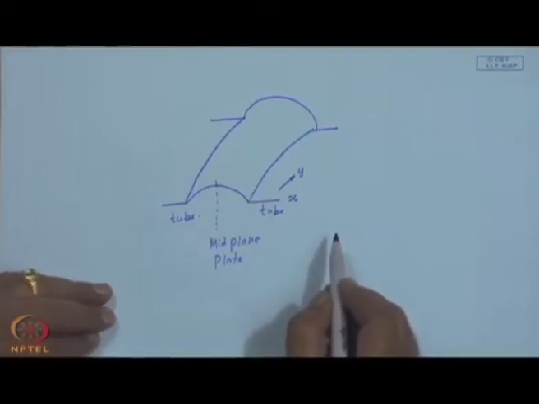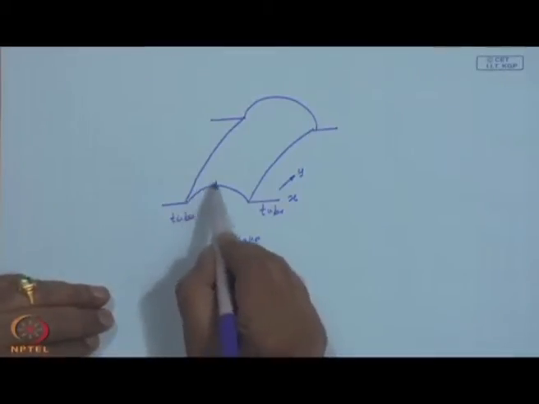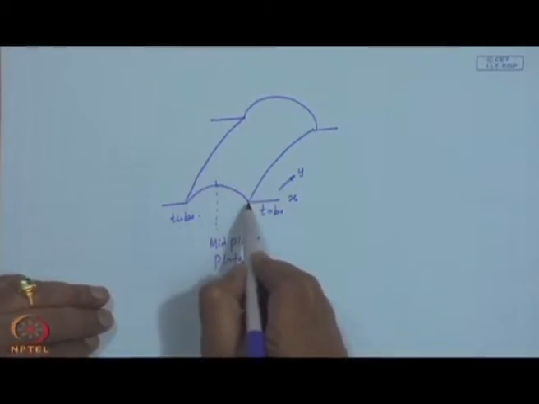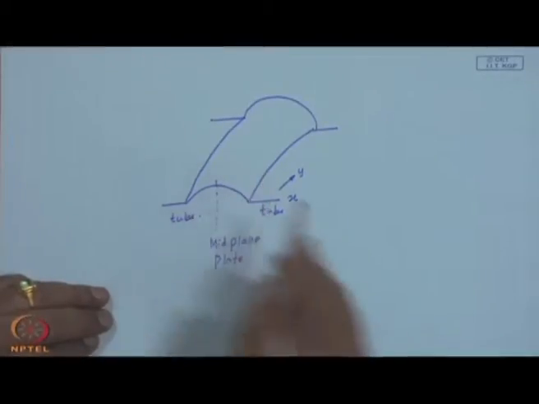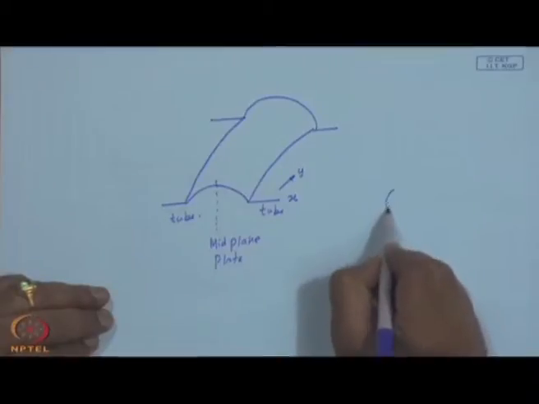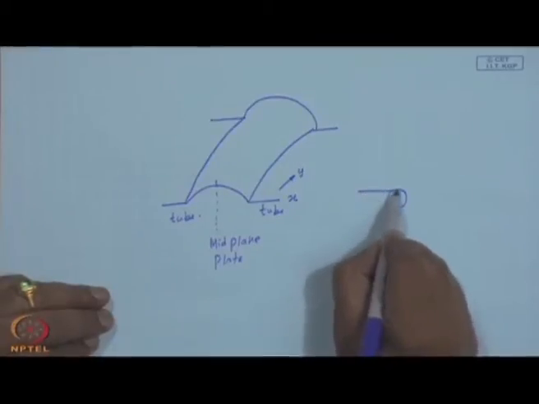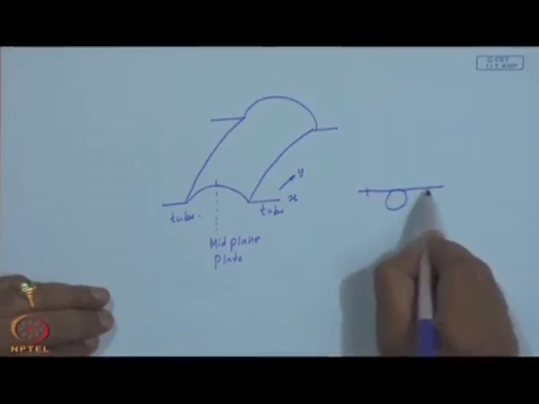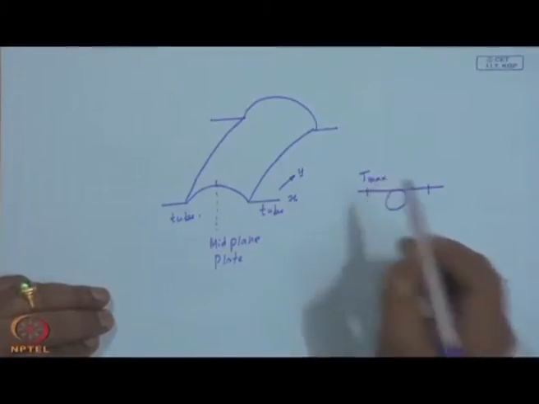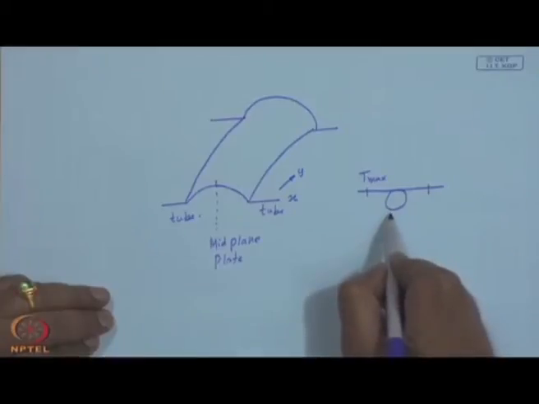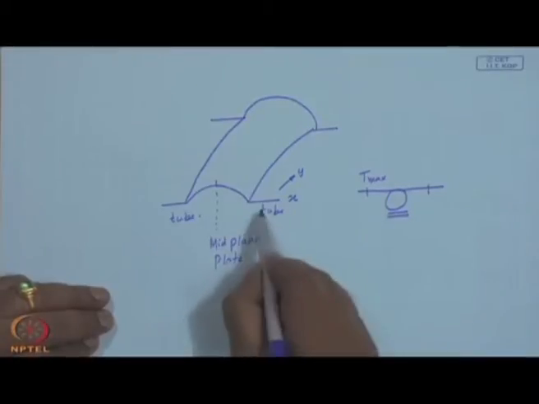In other words, in the fin or the plate region, the temperature varies with a maximum at the middle of the plate. If this is the element I am considering, this is the T max, and the uniform portion pertains to the tube.